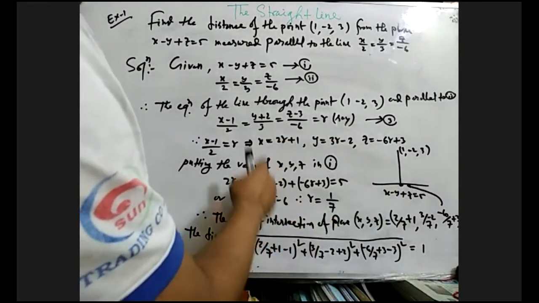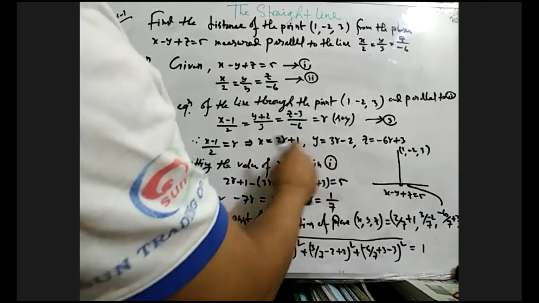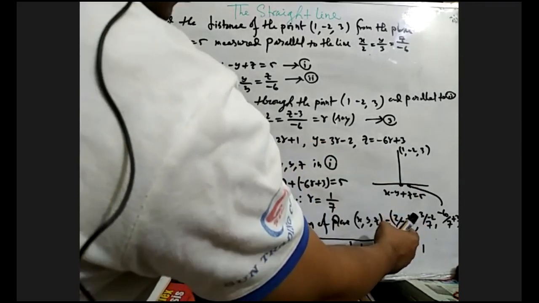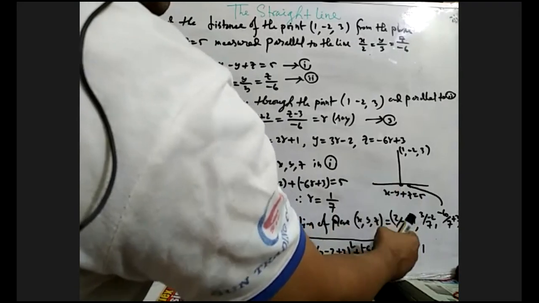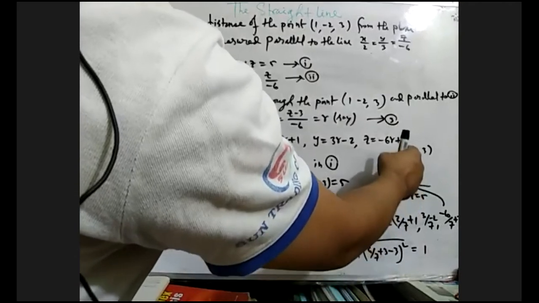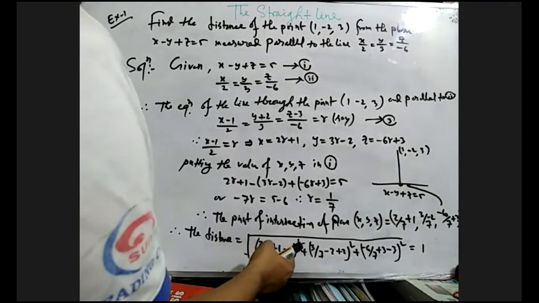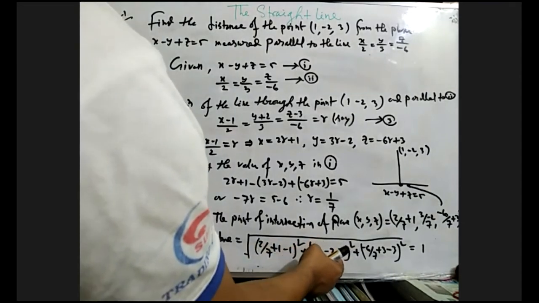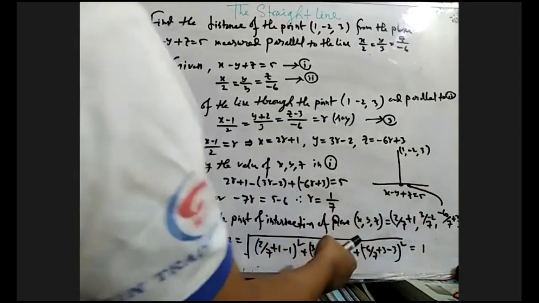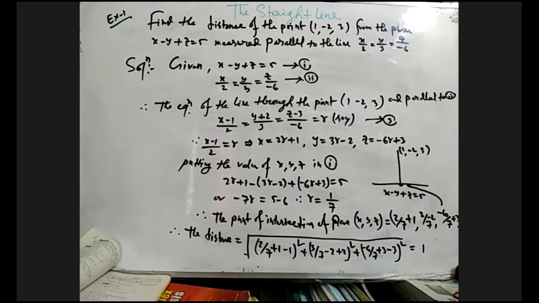After putting these values in the plane, we get the value of R. So putting the value of R, we get the coordinates of x, y, z on the plane. This is a 3-dimensional point. So just the distance between them: abscissa minus abscissa, ordinate minus ordinate, z values minus z values. Okay, so this is the distance, the unit distance.